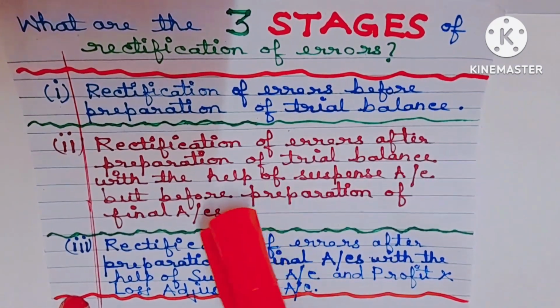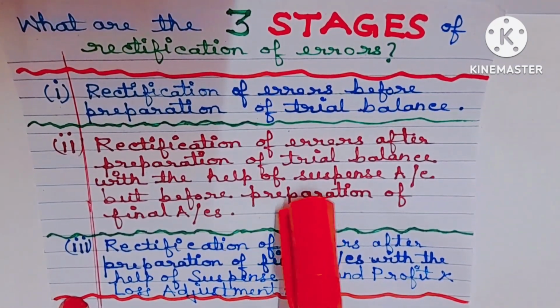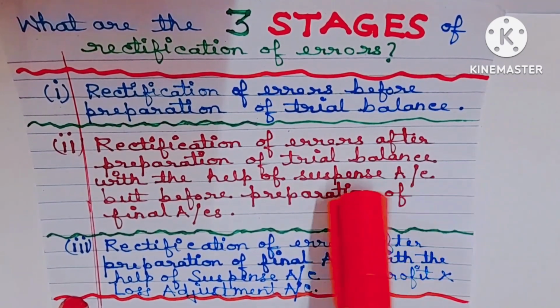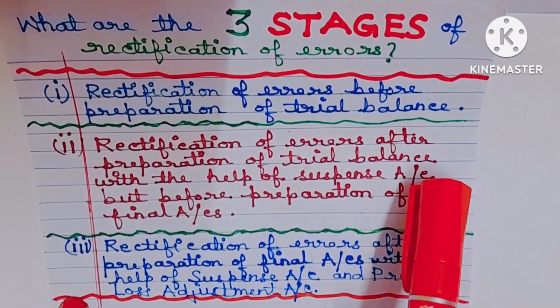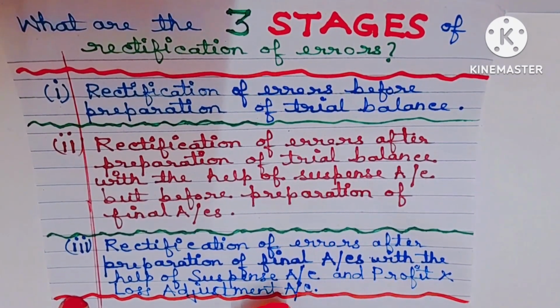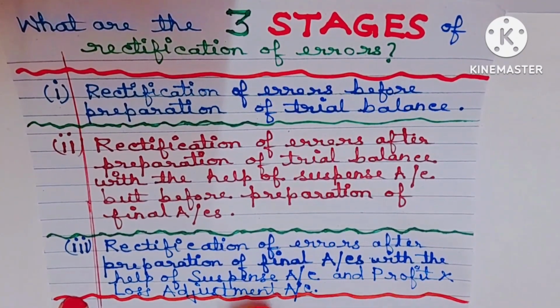Understood? And in the case of second stage, to rectify one-sided error, journal entry can be passed with the help of suspense account. Understood? And in the case of third stage, to rectify one-sided error, journal entry can be passed with the help of suspense account.